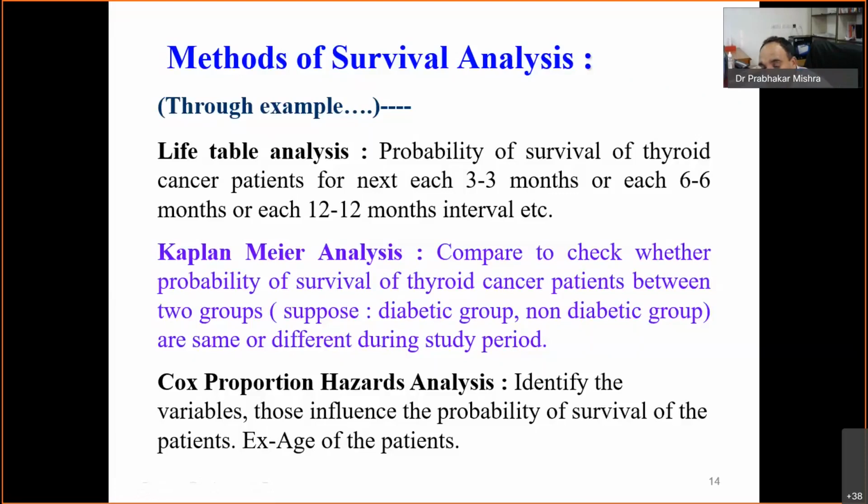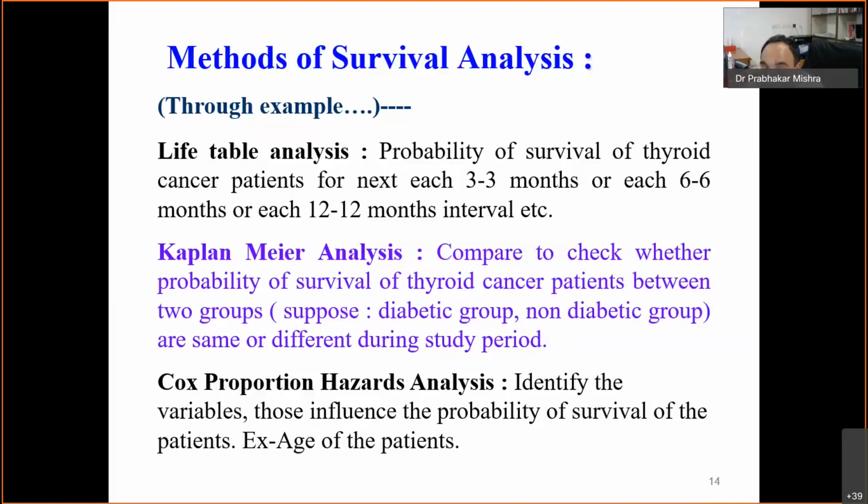So it means age is working here as a confounding factor. The Kaplan-Meier method is a univariate analysis, and at one time we can use only one independent variable, so the impact of age on the survival probability could not be assessed in the Kaplan-Meier method.